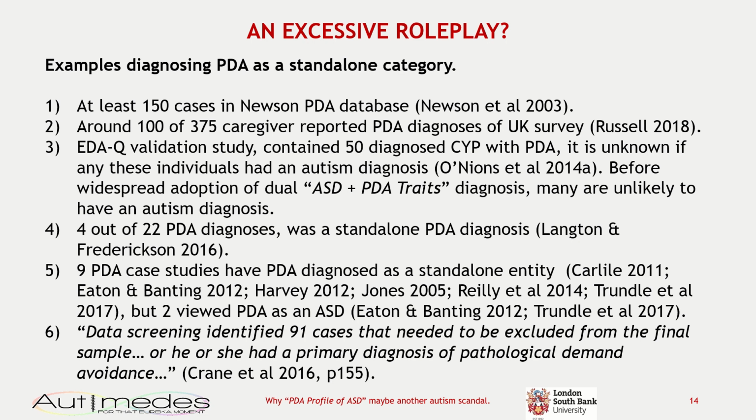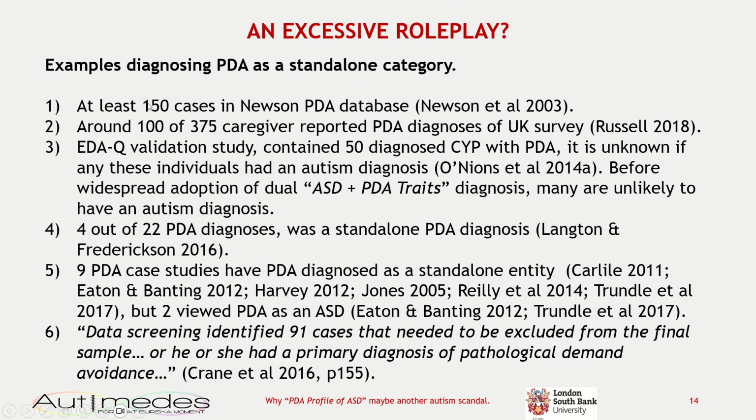It's also interesting because they excluded some cases of PDA which was given as a primary diagnosis. We don't have figures for that because it's not in the data set, and I know this because I asked Laura Crane. We just know that they had some people with a primary diagnosis of PDA, and the study viewed PDA as a co-occurring difficulty, so they were excluded.